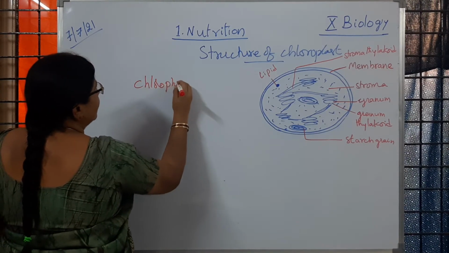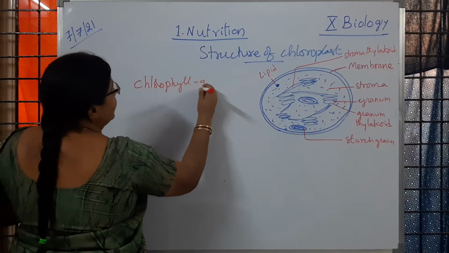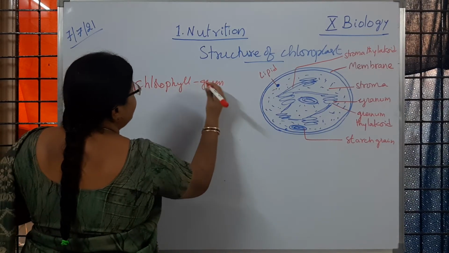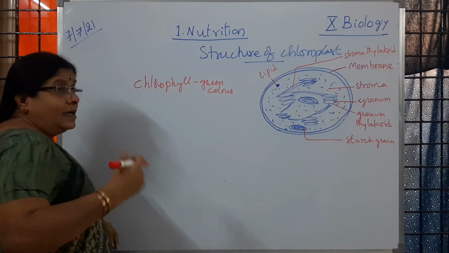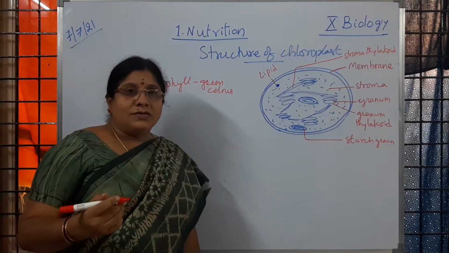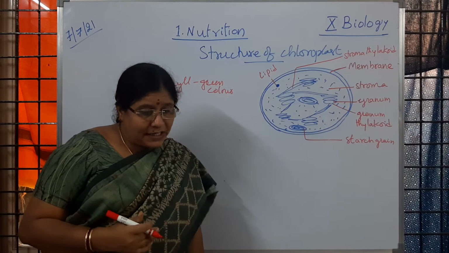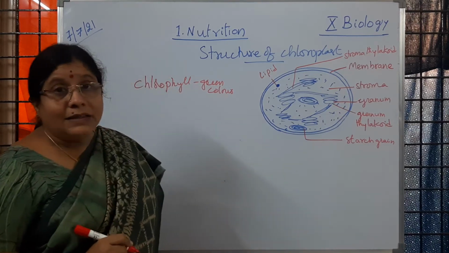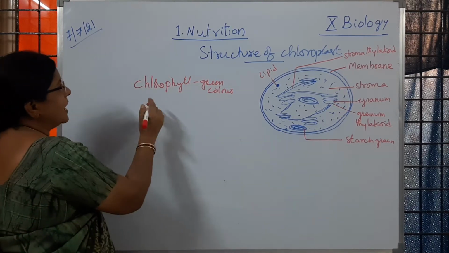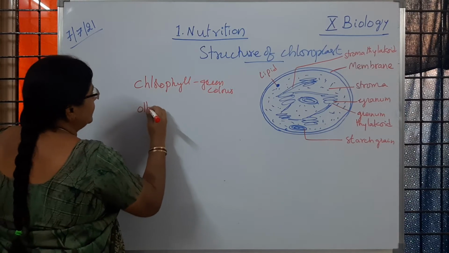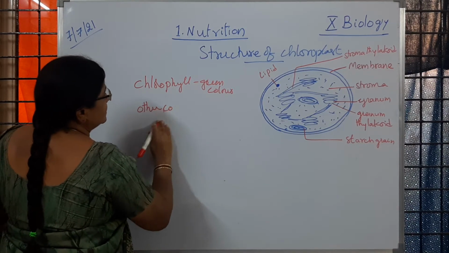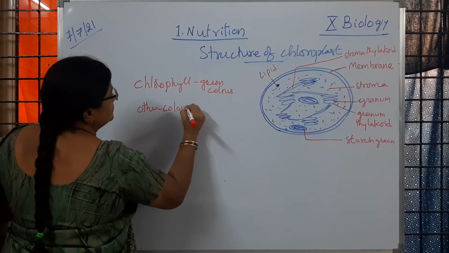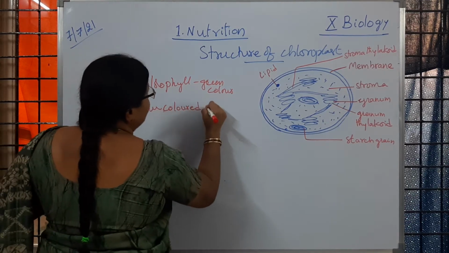Chlorophyll gives green color. Other substances are also there which are giving different colors, and what do we call them? All those other colored pigments also. Other colored substances. Other colored pigments.